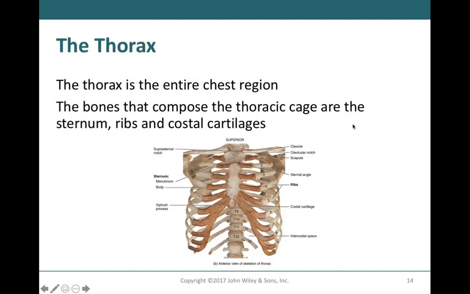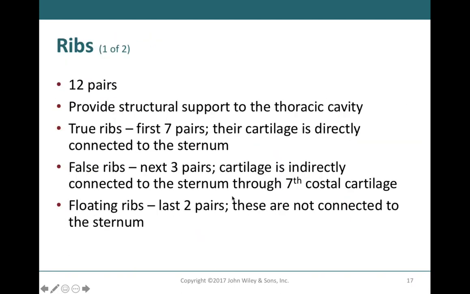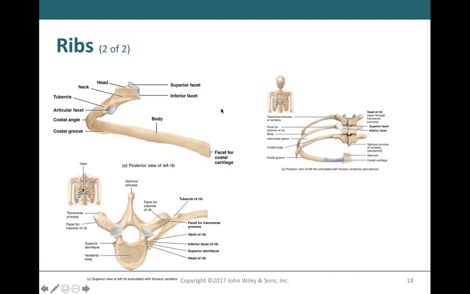And once again, you can see from this picture that these 8, 9, and 10 will come up and insert into the 7th costal cartilage, and that's how these will connect with the sternum. The last 2 pairs of ribs are our floating ribs, and these will not connect to the sternum in any way through any costal cartilage. So there's only going to be 10 sets of costal cartilage, and there will be 12 sets of ribs.